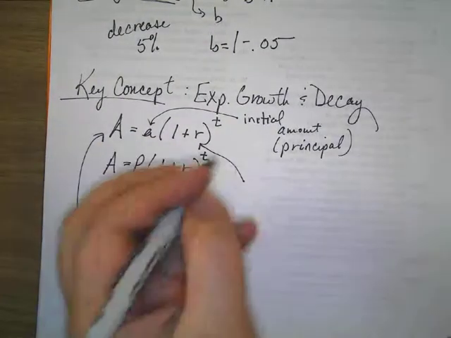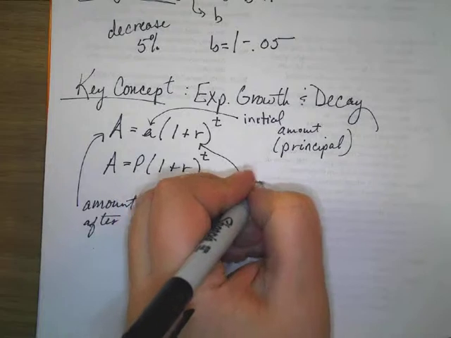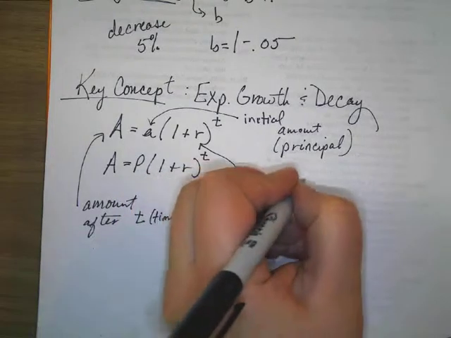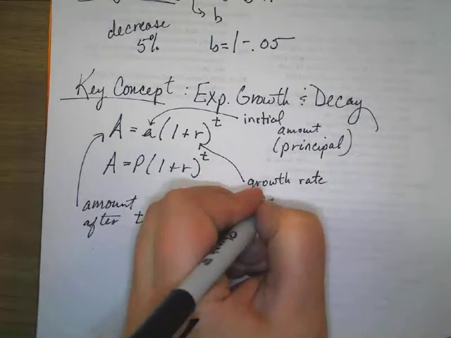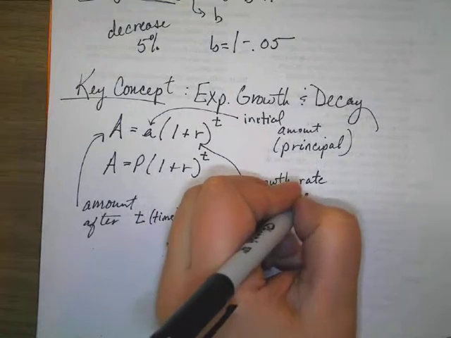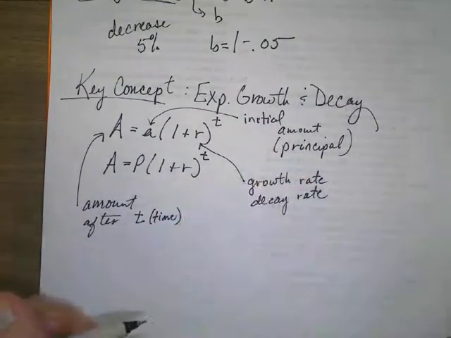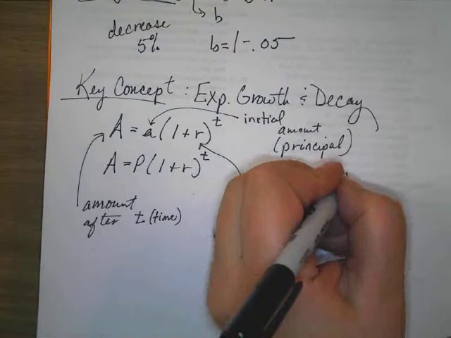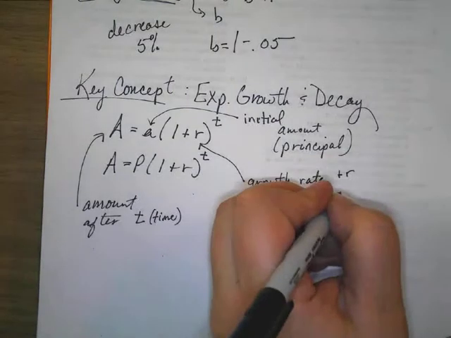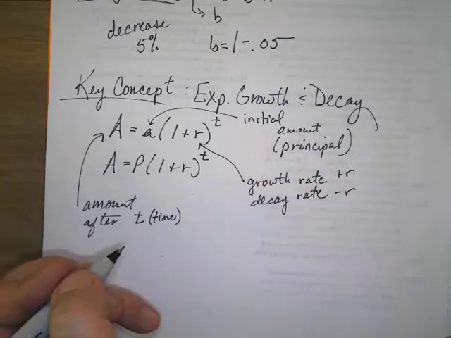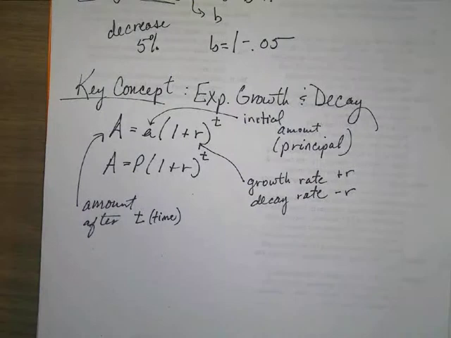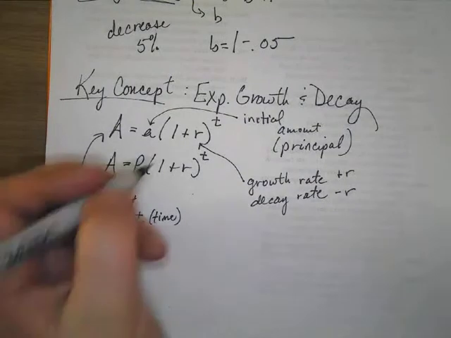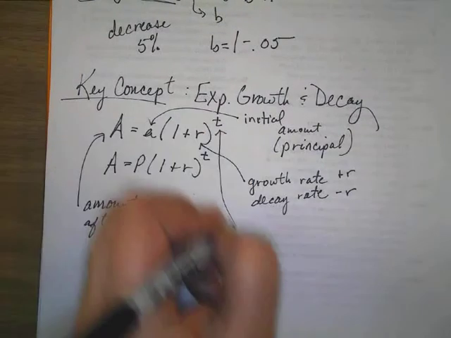R is the growth rate or decay rate. If it's a growth, you're going to have plus R. If it's a decay, you're going to have minus R, because your decay is a negative number. And T is the time.